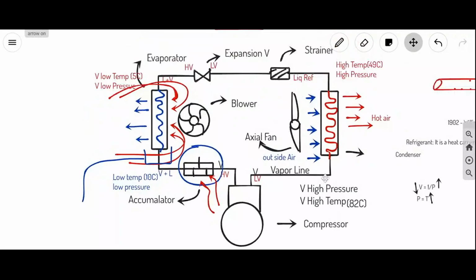This is how the refrigeration cycle works, and this is also called the vapor compression cycle, as well as it is the mother of all refrigeration systems. This is mother of all refrigeration systems.